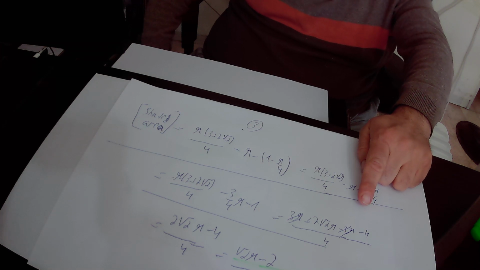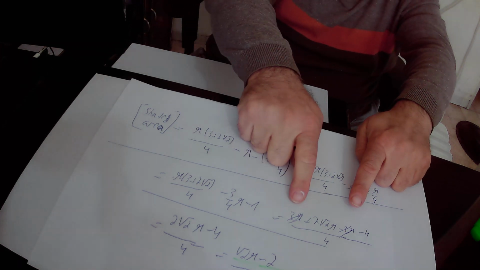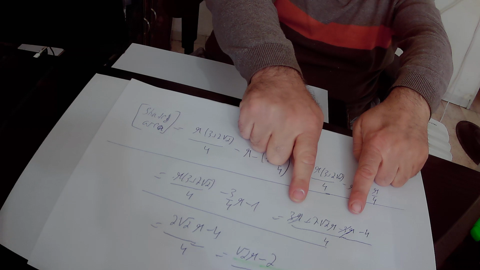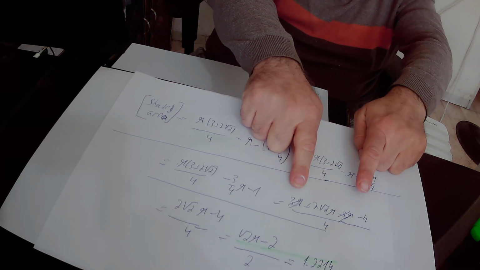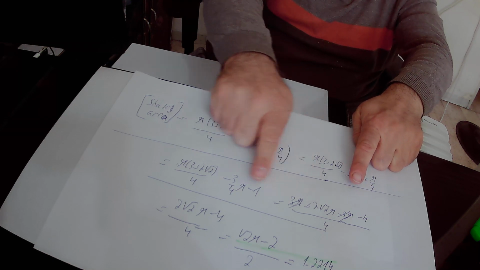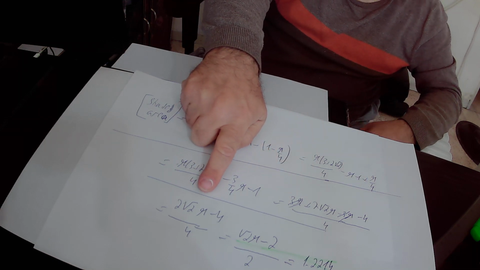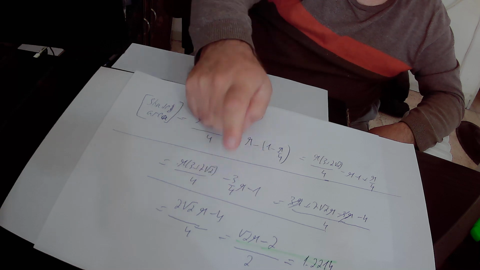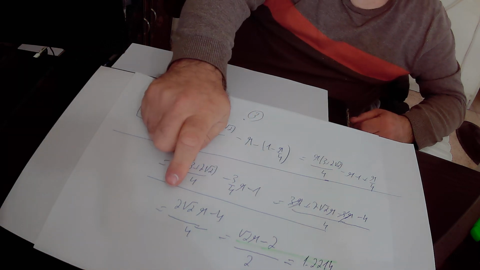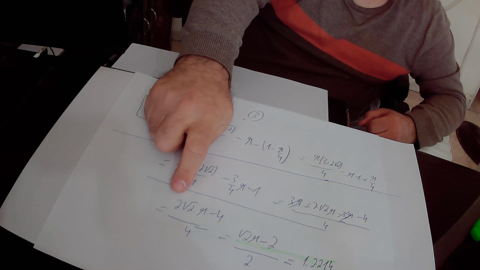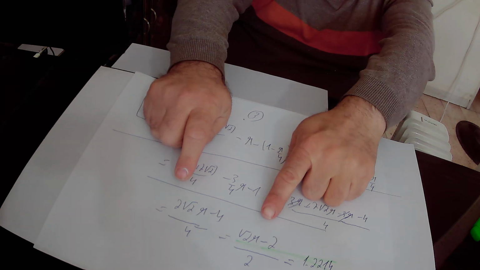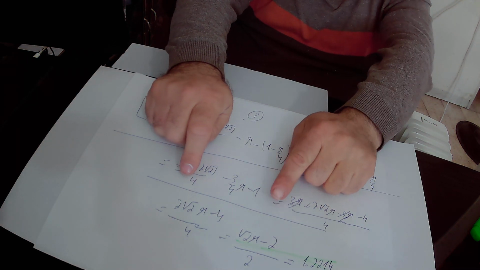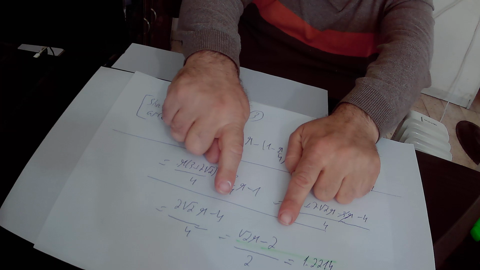So we found out that here we have 3 pi minus 3 pi, which is 0. So we cancel those two expressions. We are left only with 2 times root of 2 pi minus 4, over 4. Here we divided both the numerator and the denominator of this expression by 2. So 2 times root of 2 pi over 2 is root of 2 times pi, and minus 4 over 2 is minus 2.